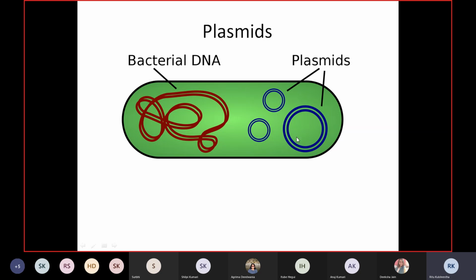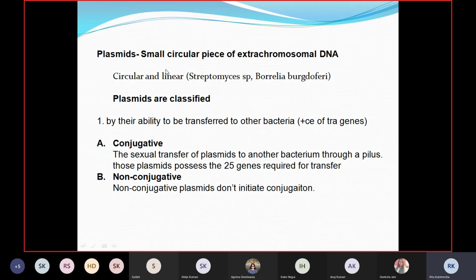So first, a general introduction. These are extrachromosomal entities. They are generally circular in nature, though there are some rare cases in which you will also find plasmids which are linear. The examples are given here, but in general, we find circular plasmids, and most of the vectors that are present in the market are circular in nature.